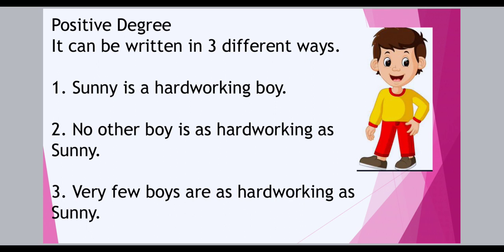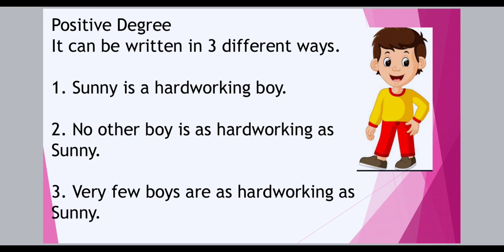The same sentence can be written in two other ways. One, you start the sentence with no other, right? And whenever you're using the word no other, remember you have to use a singular noun and a singular verb. Example, no other boy. Boy is a noun, right? And the verb is a singular verb.